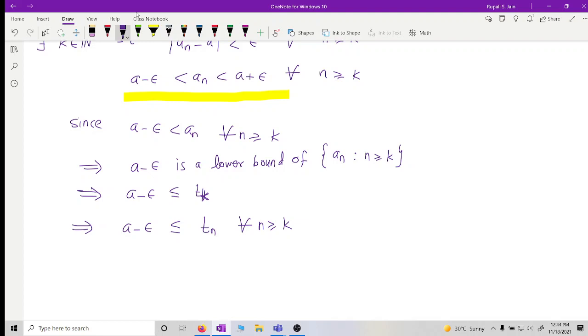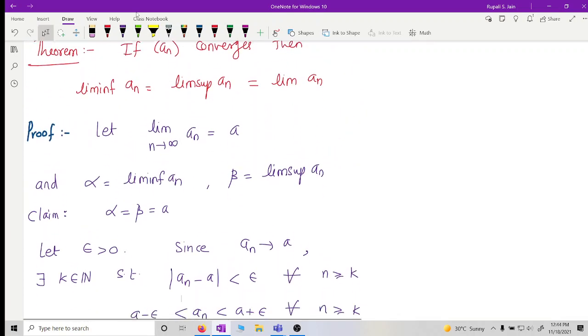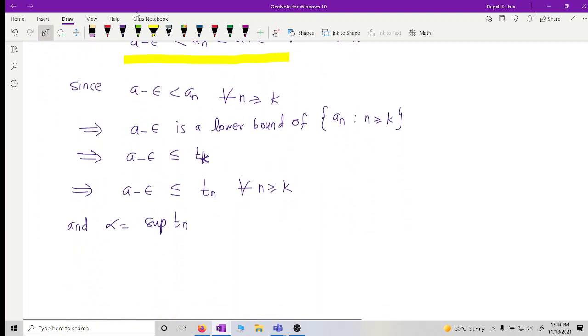Now, what is alpha? Alpha is nothing but the supremum of t_n. Just now we have alpha is liminf of a_n, which is nothing but the supremum of small t_n, right? So this implies t_n must be less than or equal to alpha.